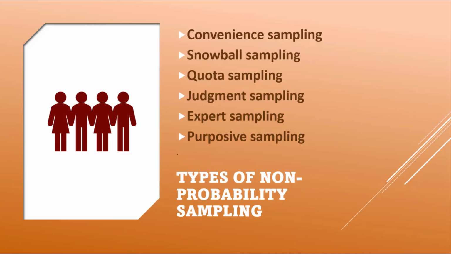Now let's discuss different types of non-probability sampling. First of all, we have convenience sampling. This sampling technique is frequently used in the social sciences. In this technique, the sample is selected based on convenience, such as selecting participants who are available at the time of the study. So in this sampling technique, we are selecting the sample just based on our convenience.